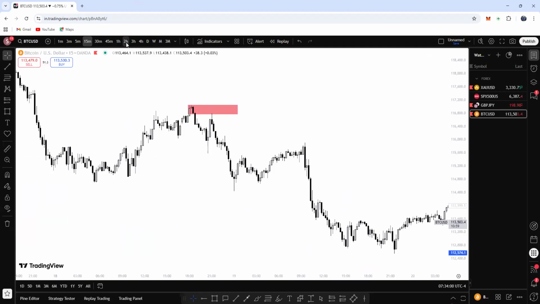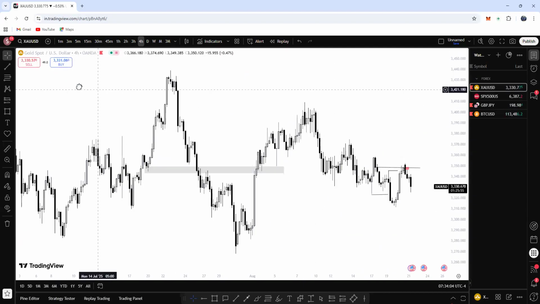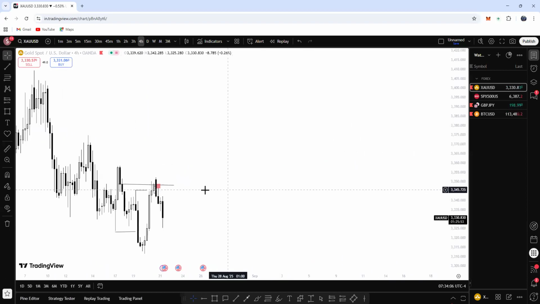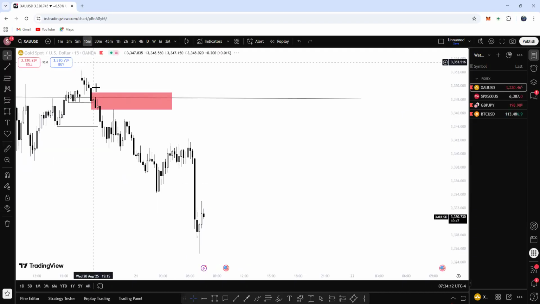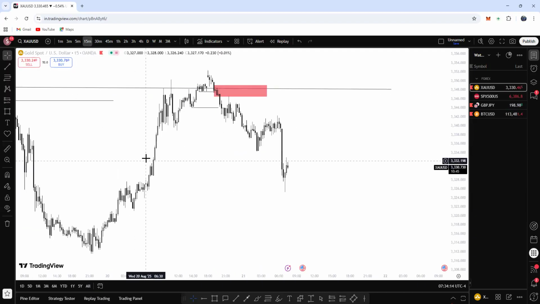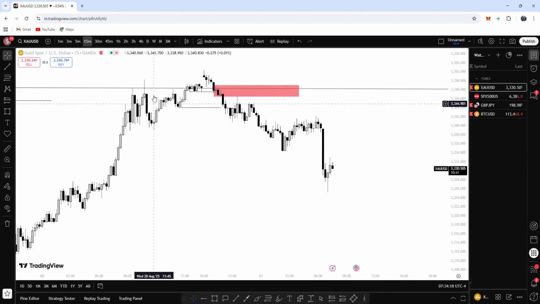So let's look for other examples again. Let's check gold because we do gold mostly. Let's see gold from this zone. What happened? Let's see gold from here. Okay. Even without me telling you, it is already there.